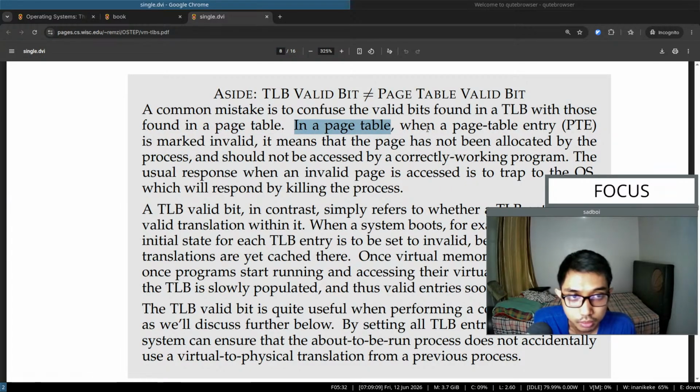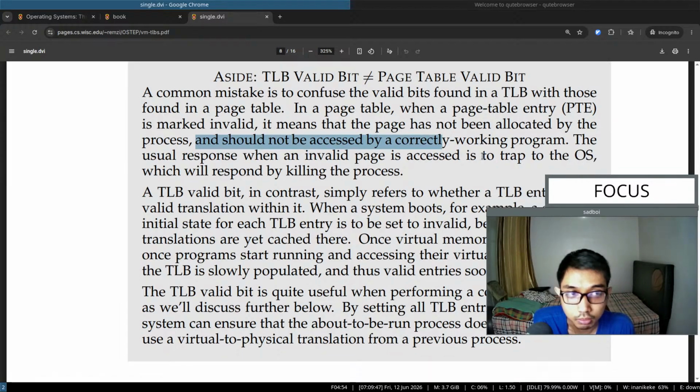In a page table, when a page table entry, or PTE, is marked invalid, it means that the page has not been allocated by the process and should not be accessed by a correctly working program. Okay, that is invalid, right? And should not be accessed by a correctly working program.